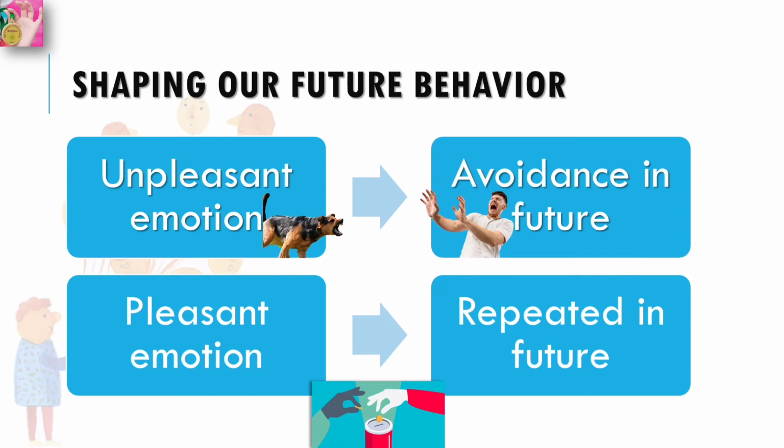In short, unpleasant emotion would lead to avoidance in the future, and pleasant emotion would lead to repetition of the behavior in the future.